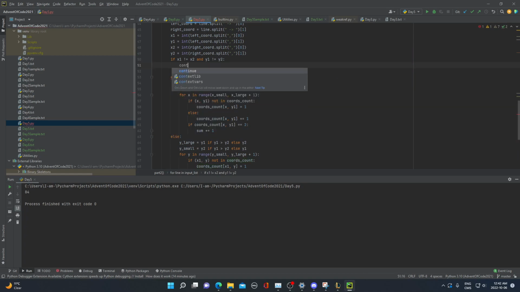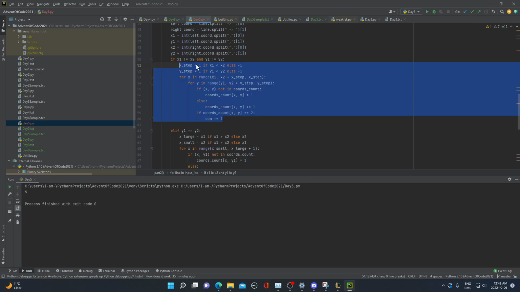Because say if you continue, then you get 5. So what's wrong is this part. We don't iterate.